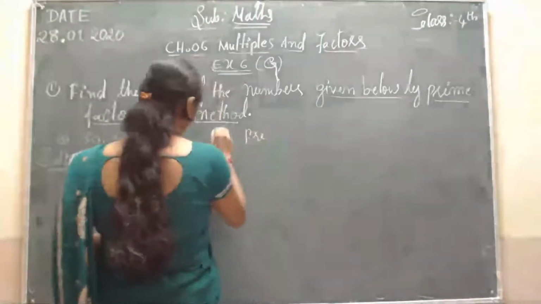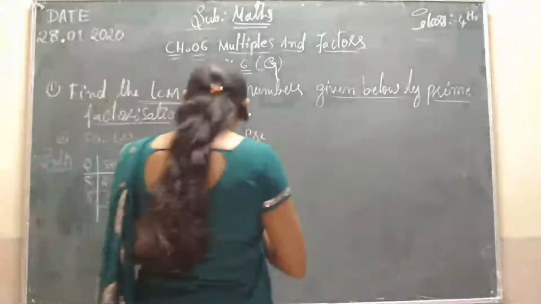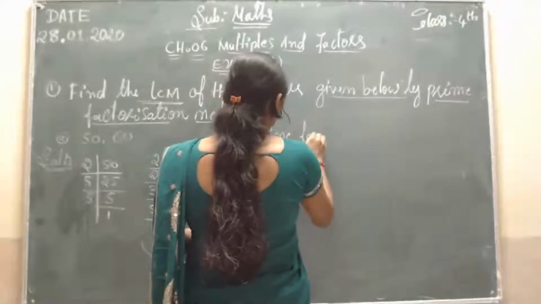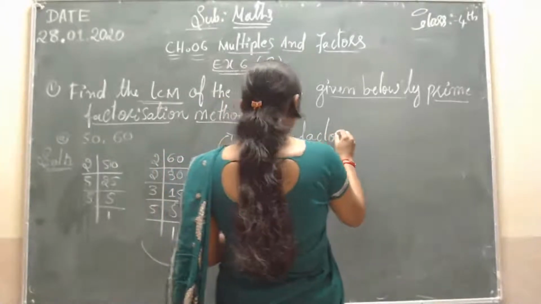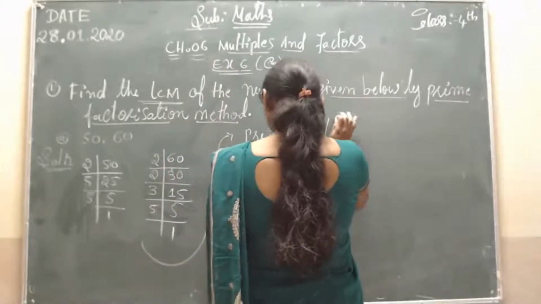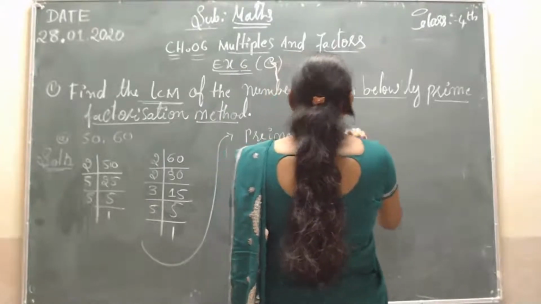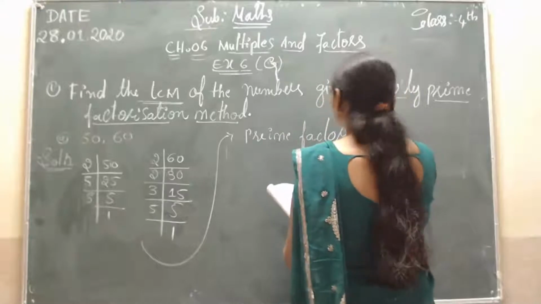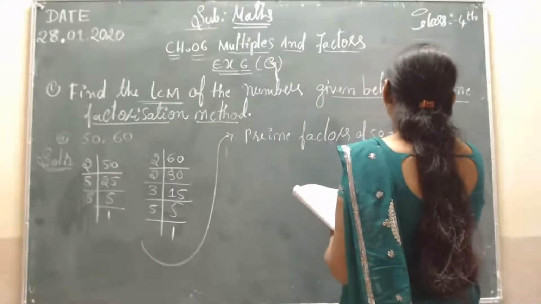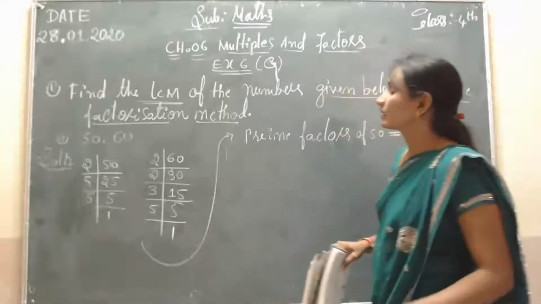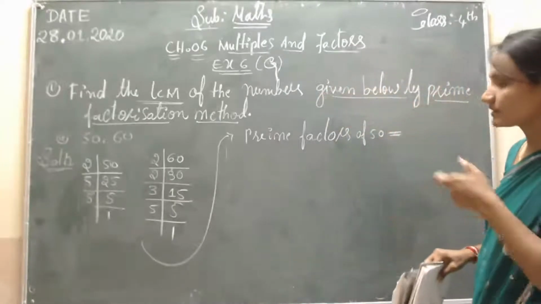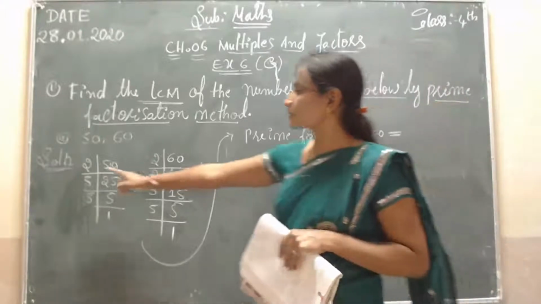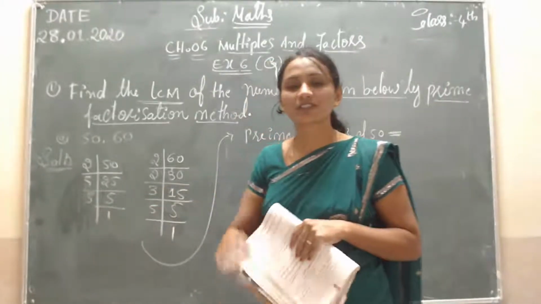Students, next step: write the prime factors. How many prime factors does 50 have? As you already know, the prime factors of 50 are 2, 5, 5, so there are 3 factors.